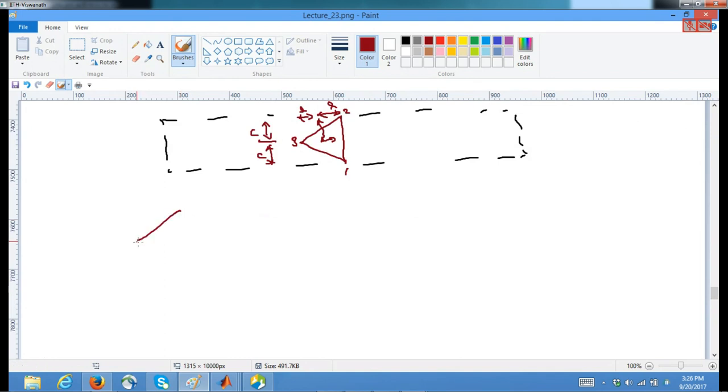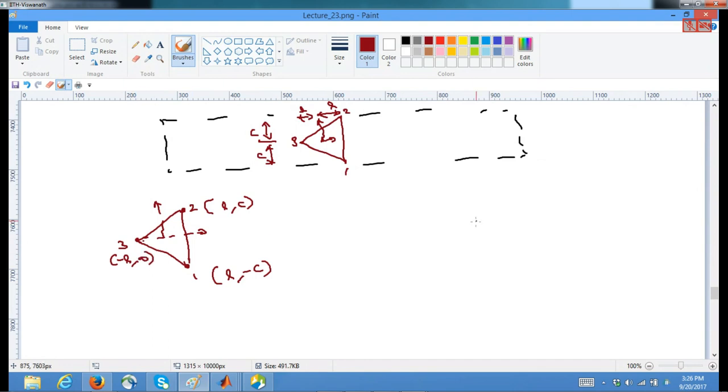I have a triangle like this with a coordinate system like that. In that case, my node 1, node 2, node 3 coordinates would be: this one is at x distance L and y distance minus c. This one has x distance 0 and y distance c. This one is at minus L and it's on the x axis, so y is 0. These are the nodal coordinates.